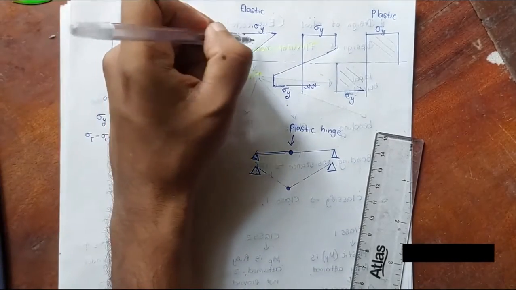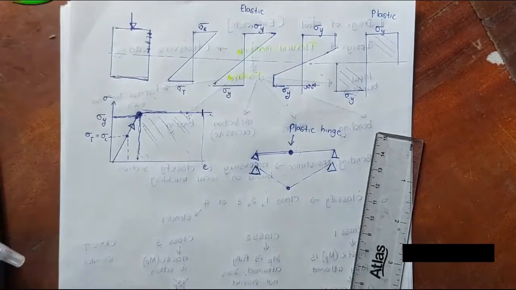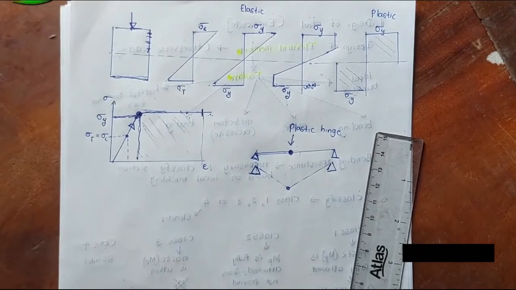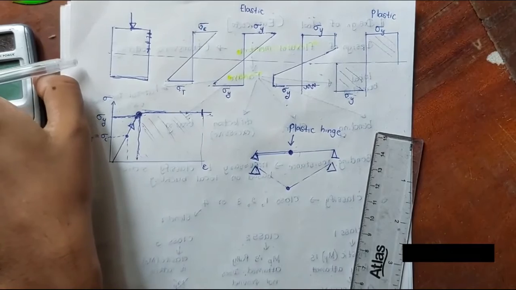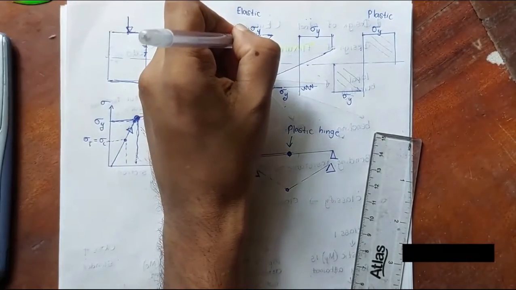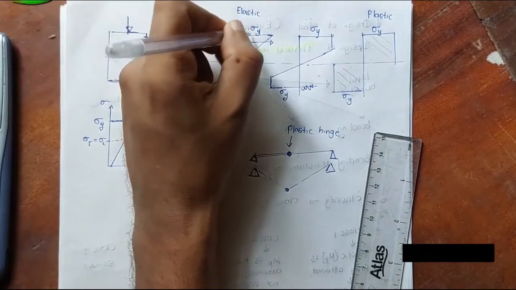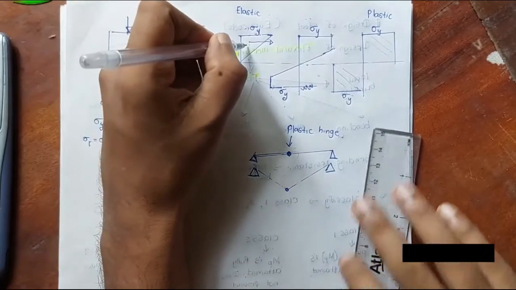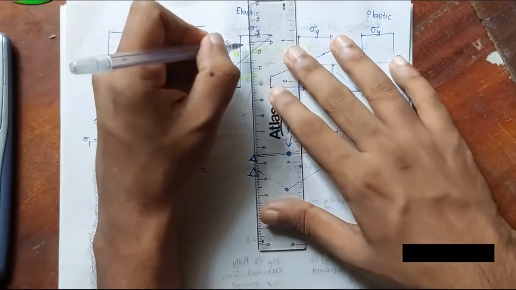If this is compression, let's take the centroid of this triangle and the centroid of this triangle, and this couple generates the bending moment.